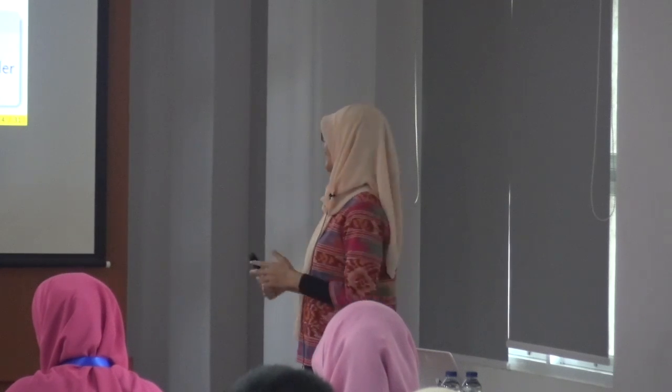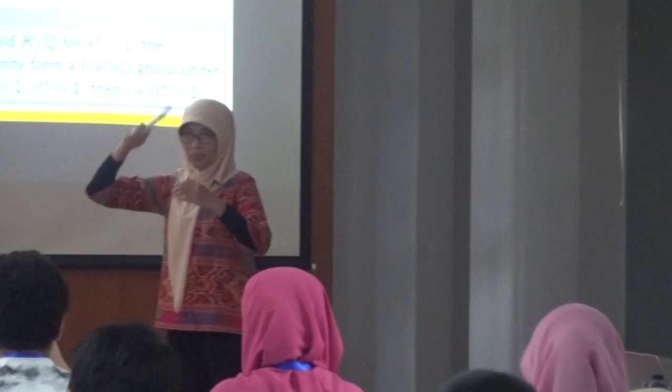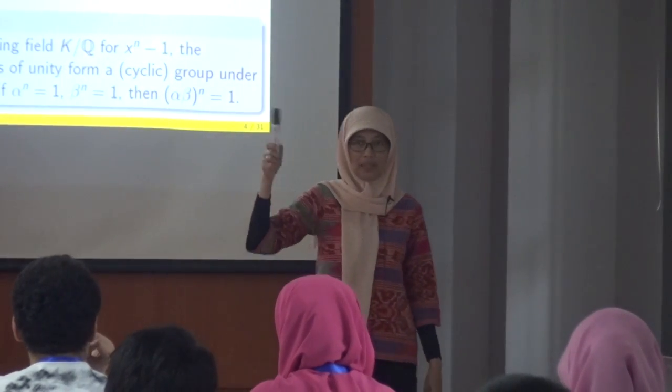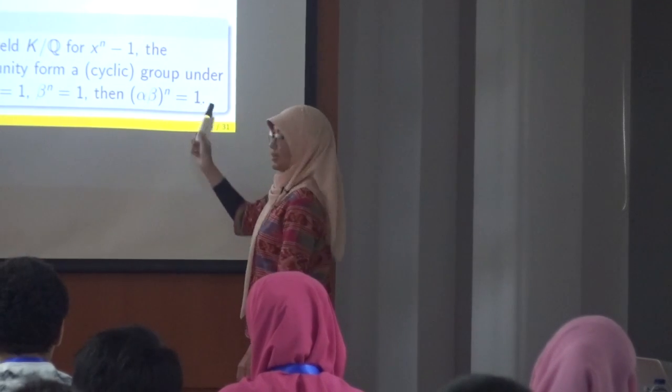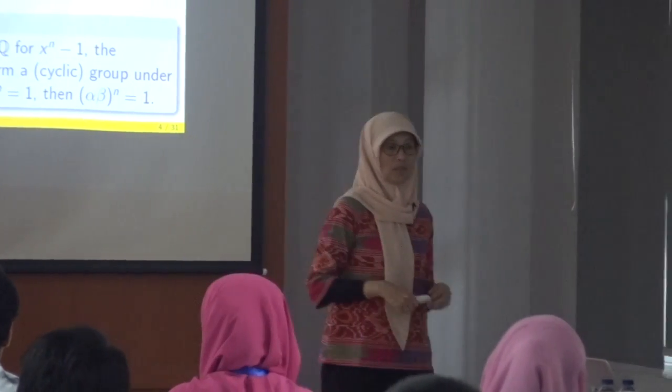And if we collect all these roots, they form a cyclic group under multiplication, because if we let alpha and beta be roots, then alpha^n is equal to 1 and beta^n is equal to 1 also, and if we multiply them, the product to the n is also 1, so they form a cyclic group.